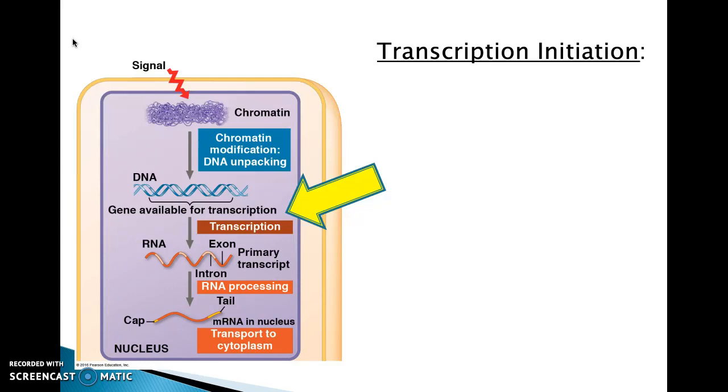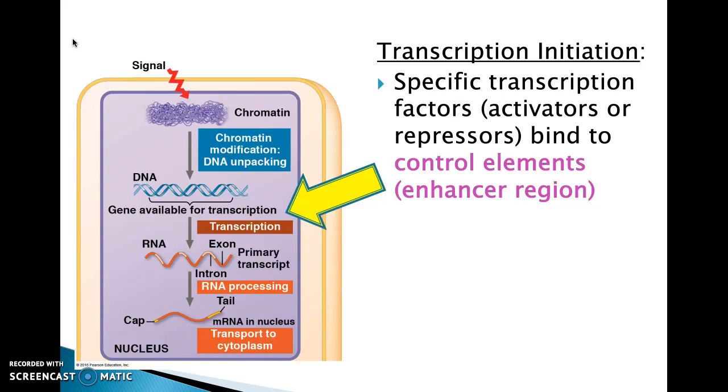So what exactly is transcription initiation? The second step, again, of regulating gene expression. This is where we have specific transcription factors that are going to bind to control elements. There are a couple of words that you need to know here.